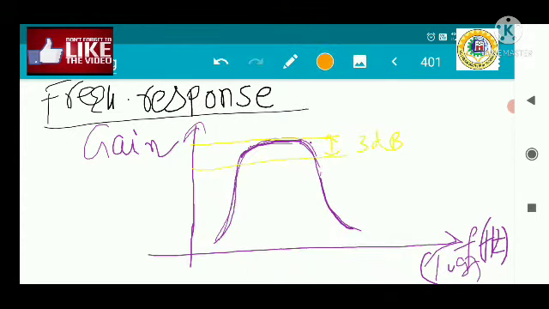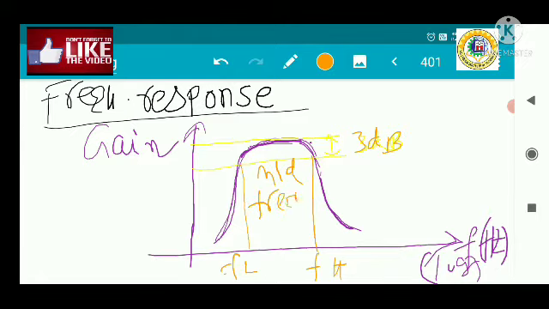This is the lower cutoff frequency, and this is the higher cutoff frequency, and the middle portion is called the mid frequency. After that, this portion is called the high frequency, and before that, this portion is called the low frequency.